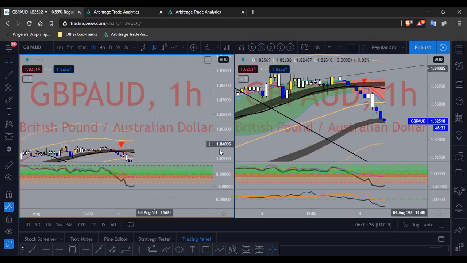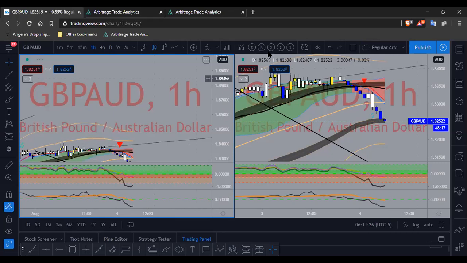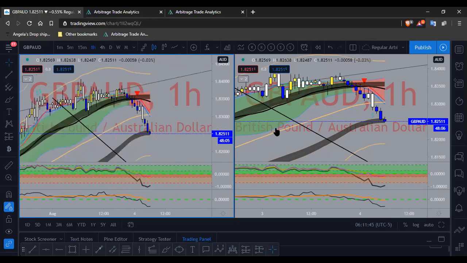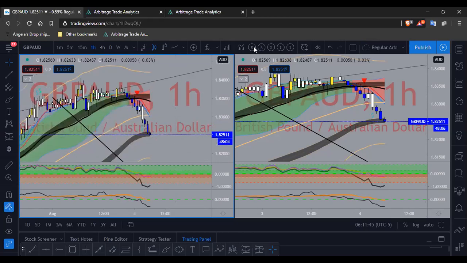Come on, arbitrage. There we go. Okay, we got this looking good. And then I already have the preset.